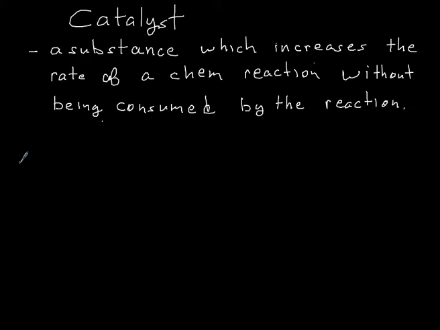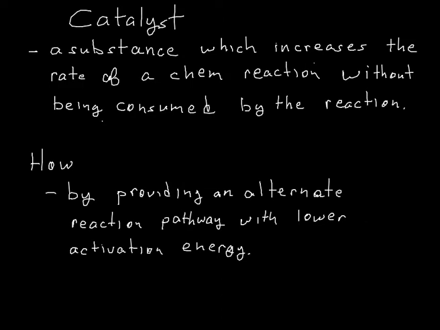How does a catalyst increase the rate of a reaction? A catalyst will increase the rate of reaction by providing an alternate reaction pathway with lower activation energy. And so the fact that the activation energy is lower is going to allow more reactant particles to collide with sufficient energy in order to react.